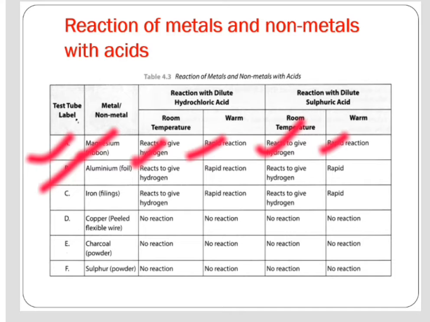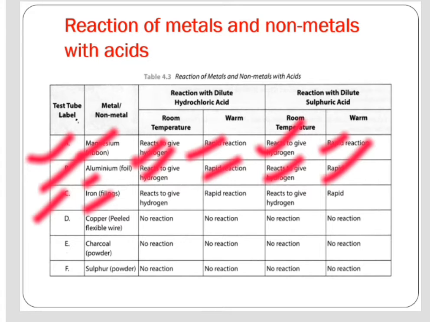B: aluminium foil. Reacts to give hydrogen with dilute hydrochloric acid, and on warming, repeat these reactions. Reaction with dilute sulfuric acid gives hydrogen, and on warming, repeat these reactions.